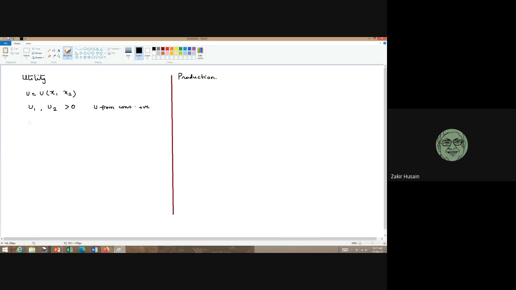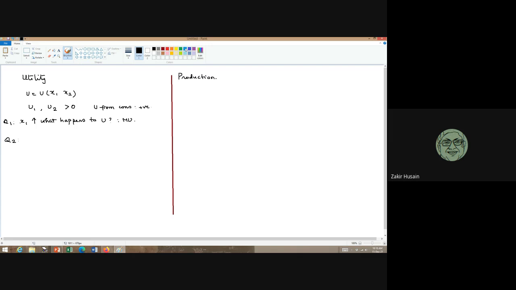The second is that what happens if, see over here we were asking that if, let us say X1 increases, what happens to U? Okay, this is the meaning of marginal utility. This is the first question. Now the second question, and the answer was utility is going to go up, which means marginal utility is positive.